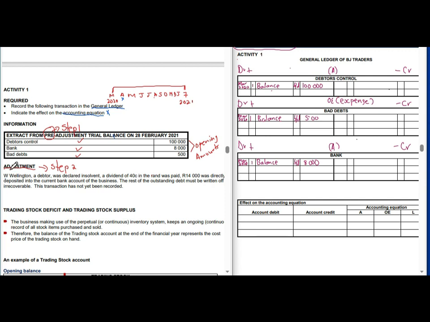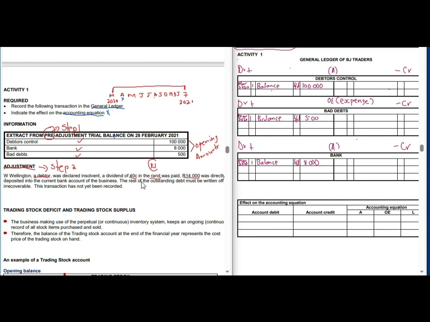It says W. Willington, a debtor, was declared insolvent. A dividend of 40 cents in a rand was paid.